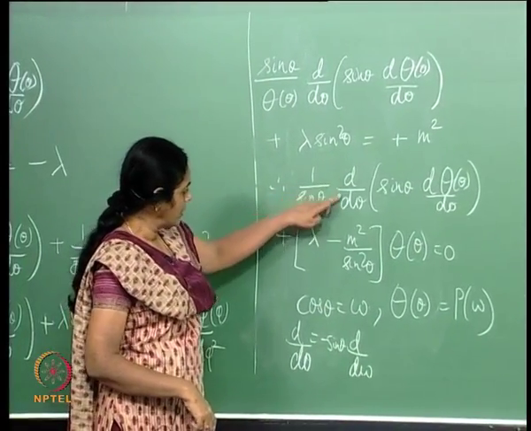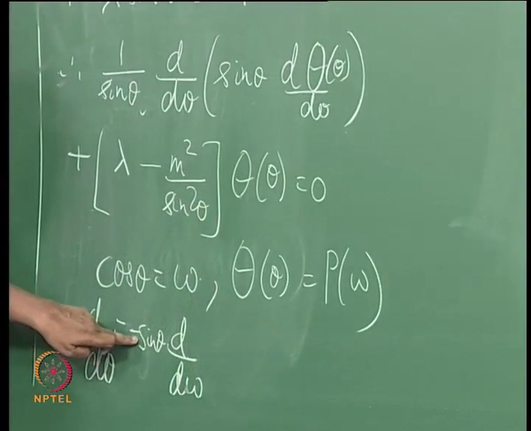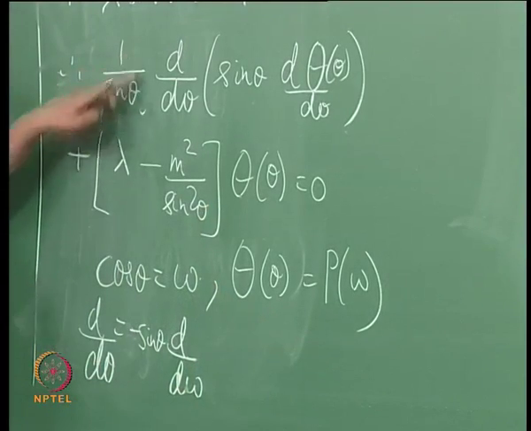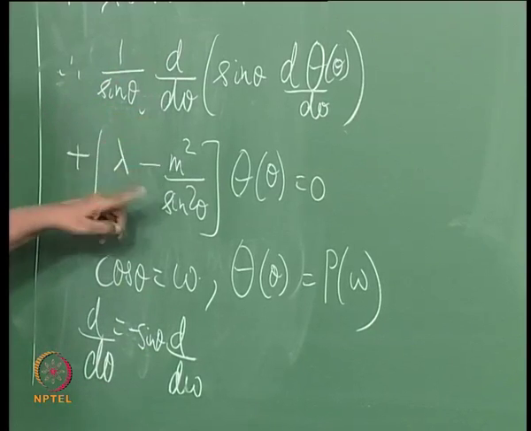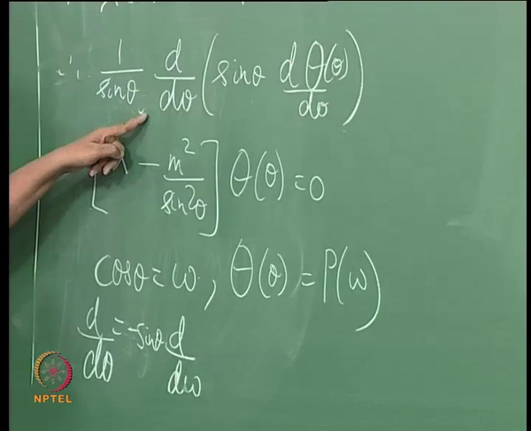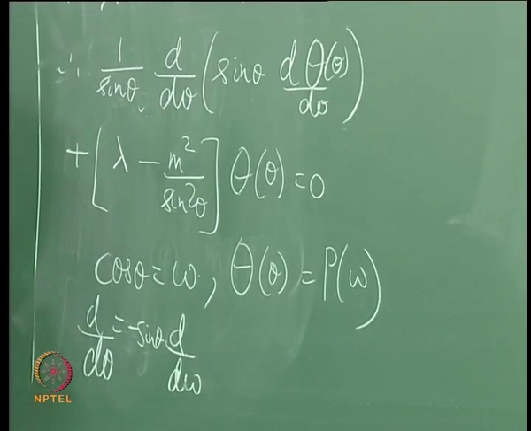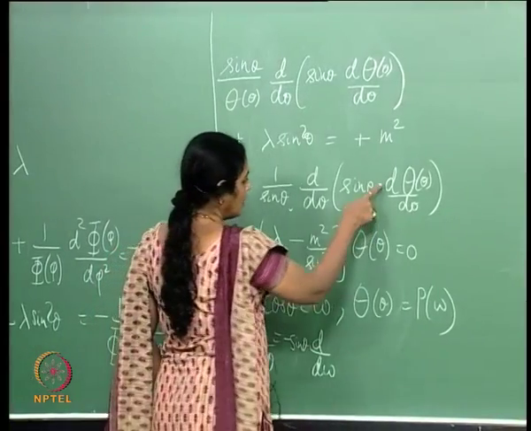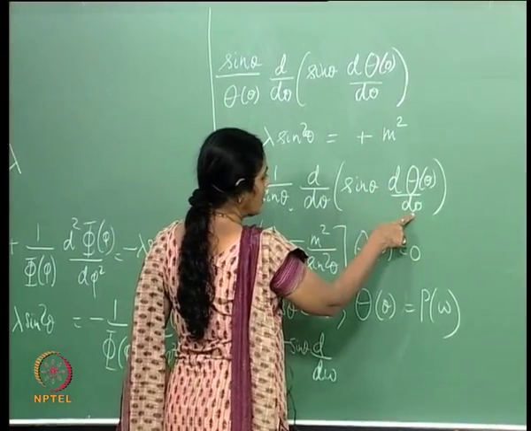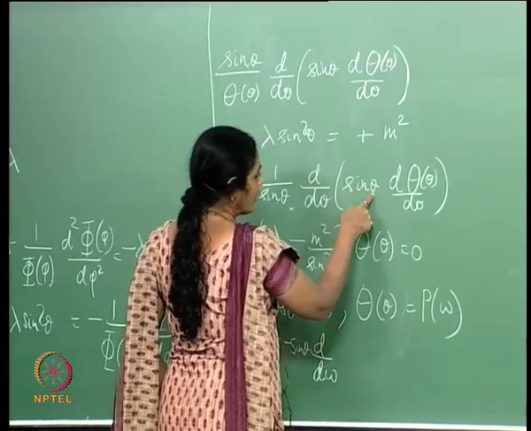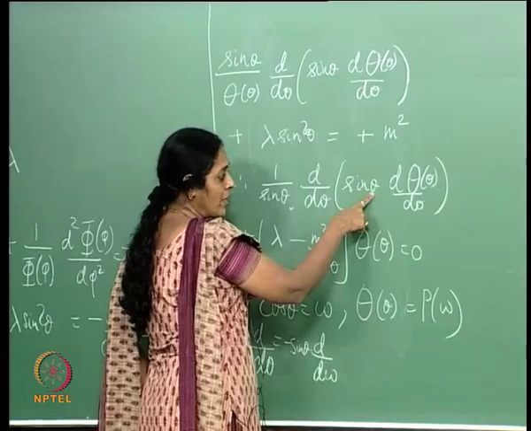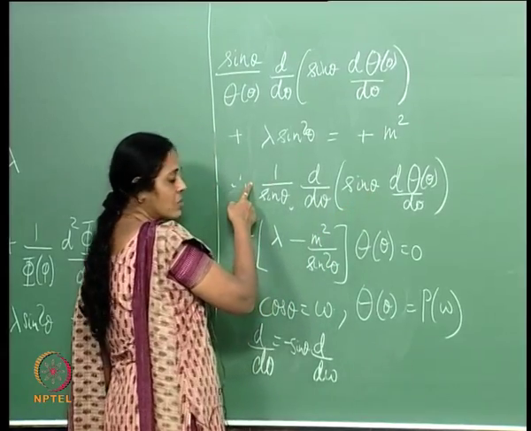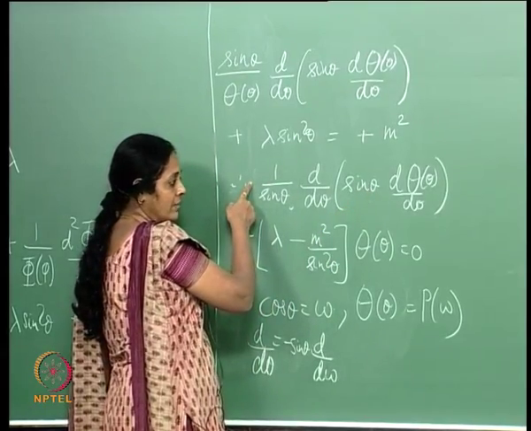This would give me a d by dW, the minus sign and the sine theta cancels out. So I just have a minus d by dW. All this gets replaced by minus d by dW. Now this again picks up a minus sine theta. So that gives me a minus sine squared theta, which is a minus 1 minus W squared, but there was already an overall minus sign.